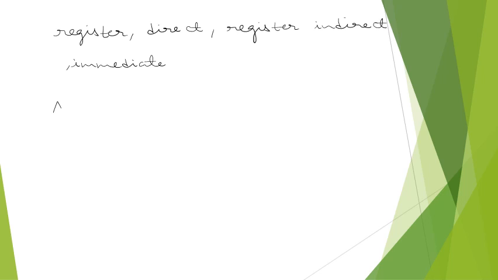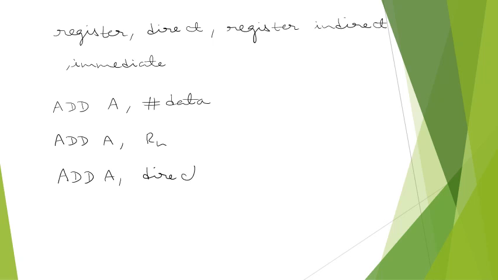The examples are ADD A, #data, where we have immediate data as the second operand, and then ADD A, Rn, that is register addressing mode. Then we have ADD A, direct, that is direct addressing mode. Then we have ADD A, @Rn, that is register indirect addressing mode.